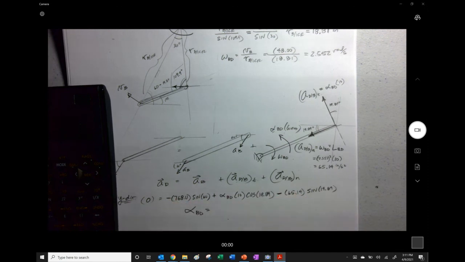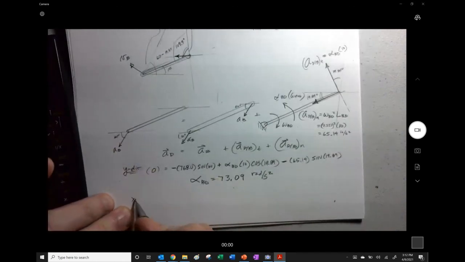Then I'm going to divide by 10, and I'm going to divide by the cosine of 19.89. Oh, damn it. 19.89 cosine. I probably just messed something up. So divided. And I get an angular acceleration of 73.09 radians per second squared.